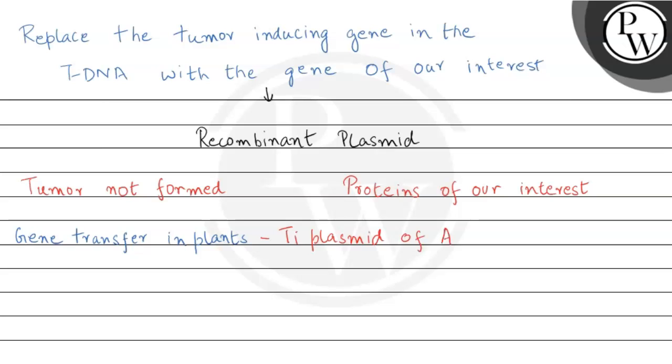Now, since Agrobacterium only affects plant cells, therefore this Ti plasmid can be used as a vector in only cases of plants and not in animals or any other microbes. So this is how specifically Ti plasmid of Agrobacterium is used for gene transfer in the crop plants.